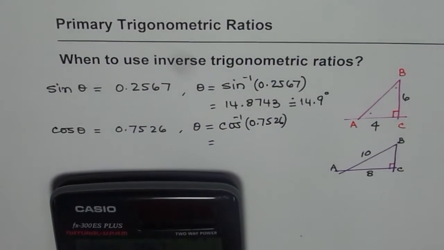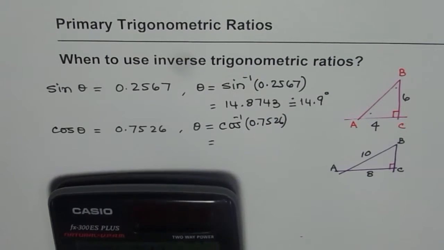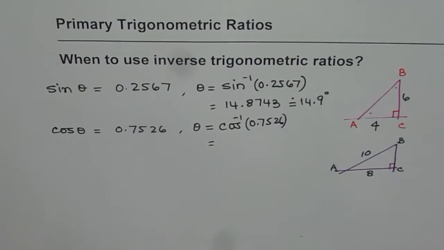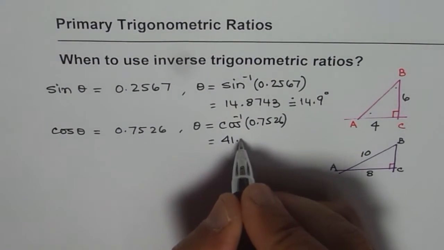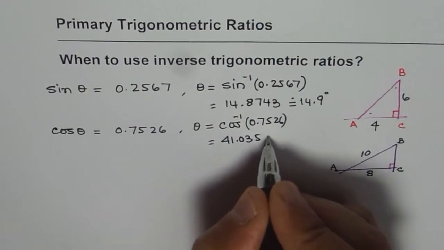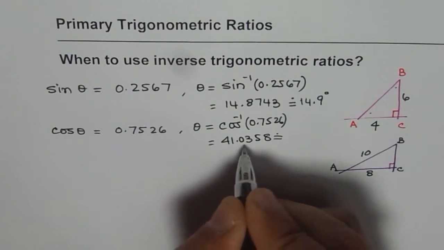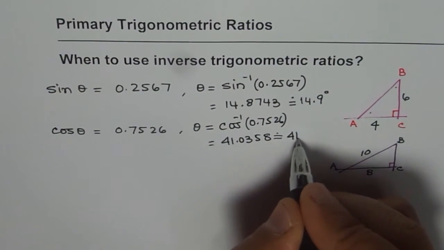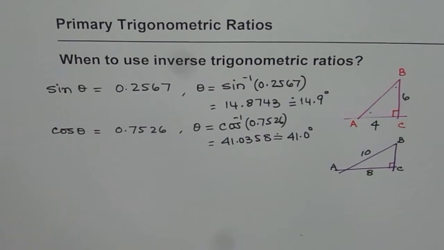Second function, shift cos 0.7526 is equal to 41.0358. Again, rounding it to 1 decimal place, we get 41.0 degrees.